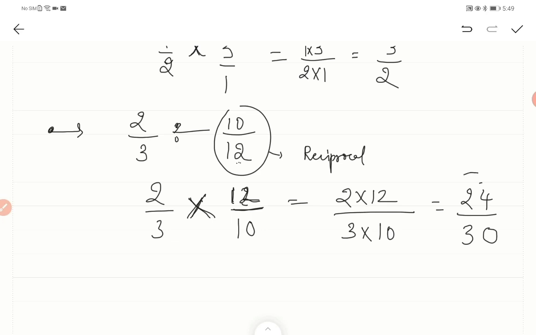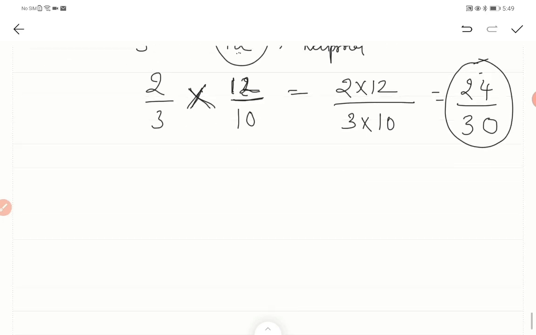Now this is not the standard form. What is the standard form? We can cut this 24 by 30. If I cut with 2, 2 1s are 2, 2 2s are 4, 2 1s are 2, 2 5s are 10. Can we cut more? Yes, in the 3 table you get 12 and 15.